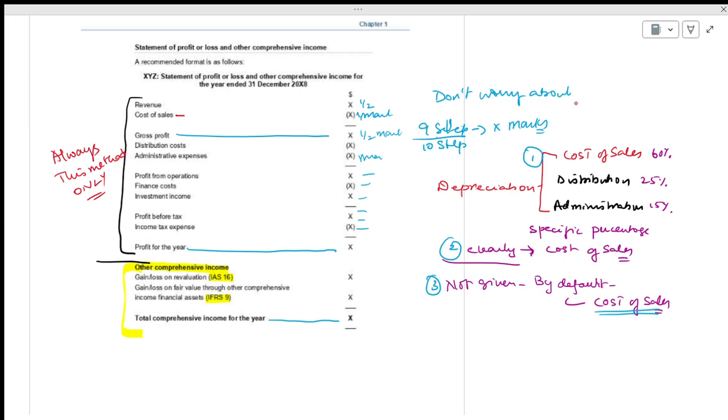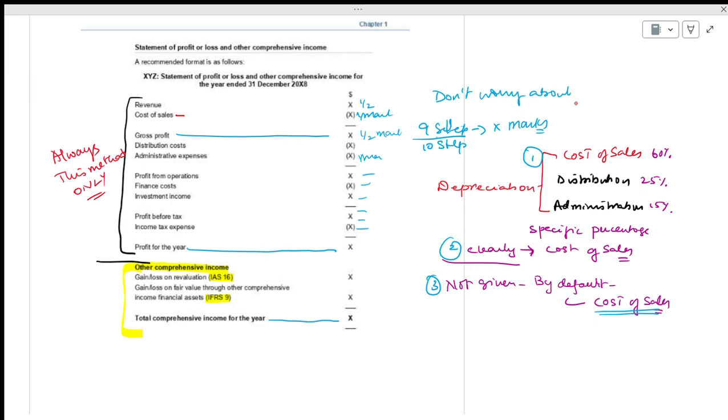Now you see the thing. What we have done: revenue minus cost of sales, gross profit, distribution cost, administration cost. You will get profit from operations. Then you will get finance cost, investment income. Then we will have profit before tax. On the profit we pay tax.